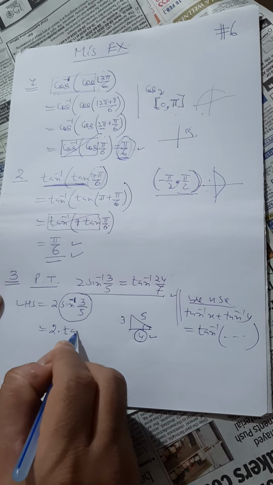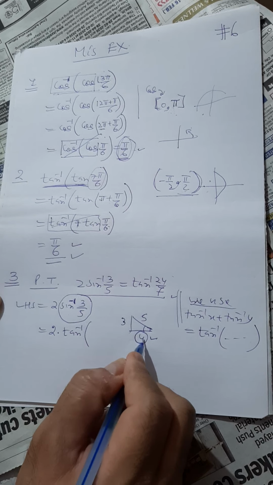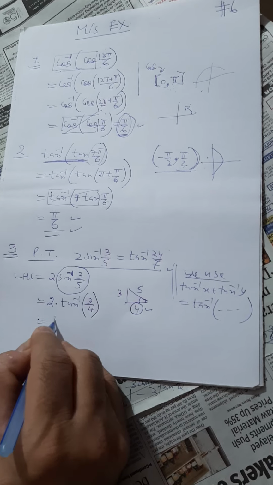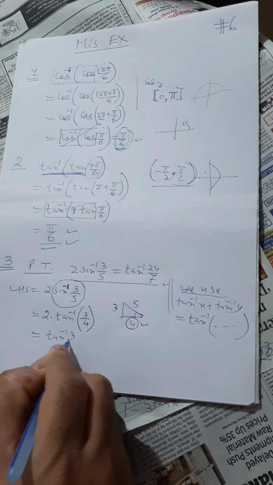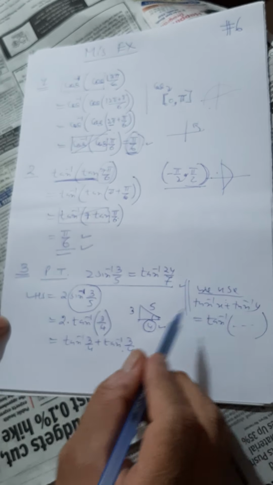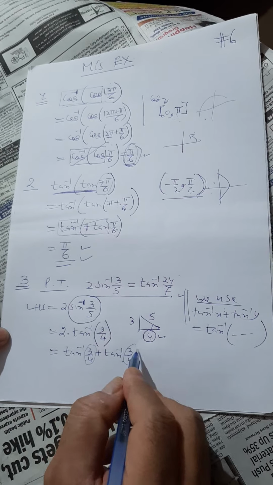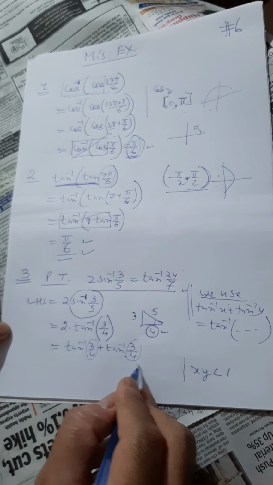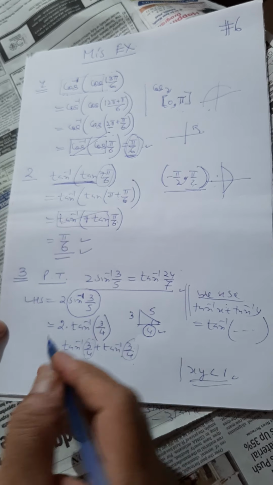So what is tan inverse from this? It is opposite upon adjacent, so 3 by 4. So this becomes now tan inverse 3 by 4 plus tan inverse 3 by 4. So this is tan inverse x plus tan inverse y, and remember here x into y is less than 1. 3 by 4 into 3 by 4 is less than 1.